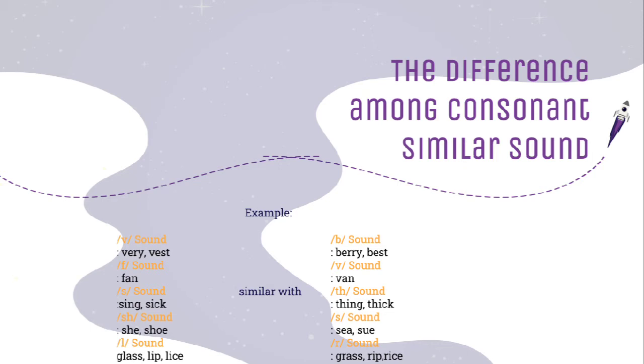S sound, sing, sick, similar with S sound, think, tick. S sound, she, shoe, similar with S sound, see, shoe. E sound, glass, lip, lice, similar with R sound, grass, rib, rice.